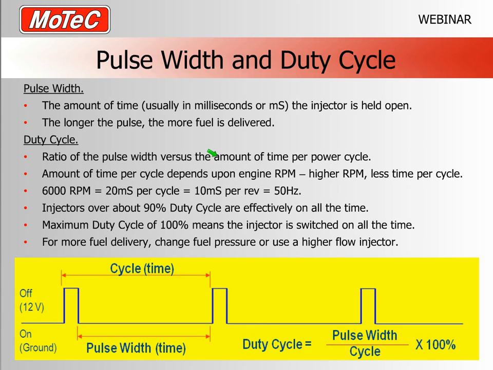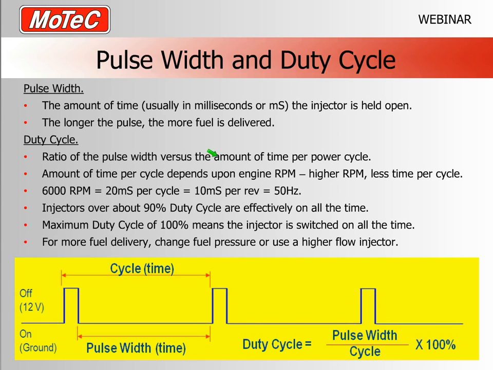All right, now two terms that sometimes get a little bit confused with each other are pulse width and duty cycle. This is in particular referring to injector times, and the pulse width is simply the amount of time that the injector is held open. This is usually discussed in milliseconds, which are 1/1000th of a second. Sometimes it's discussed in microseconds, which are millionths of a second.